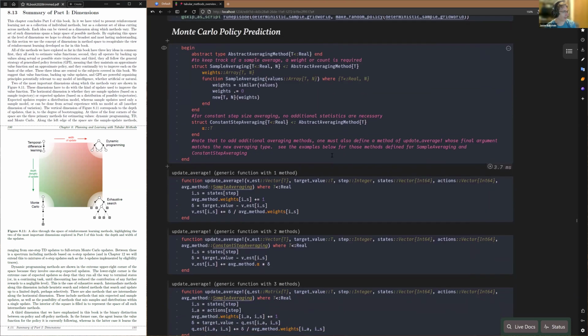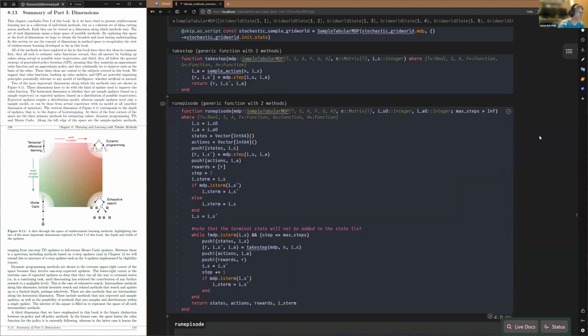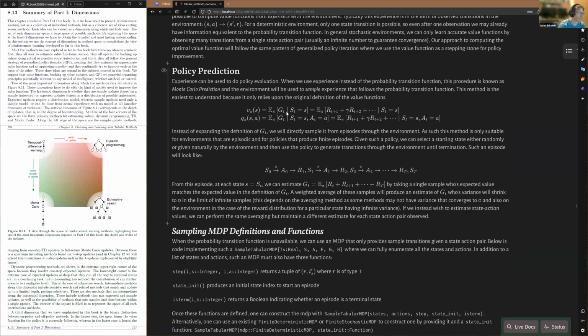And then the Monte Carlo prediction algorithm is really simple because all we have to do is average the rewards. We're directly averaging this, where we're just collecting the rewards from the trajectory.